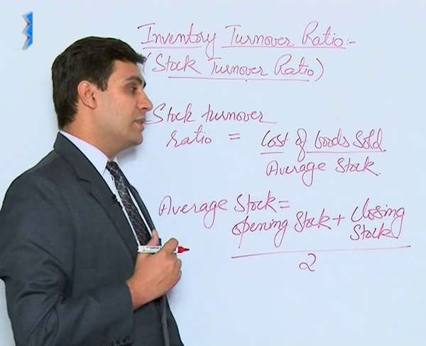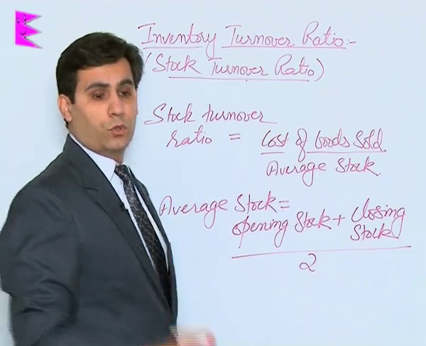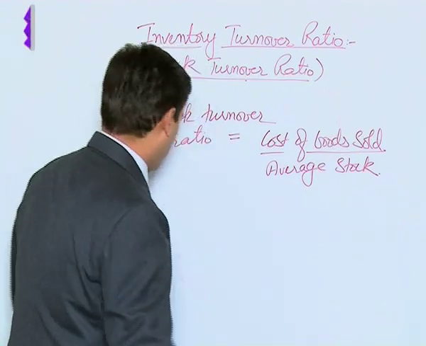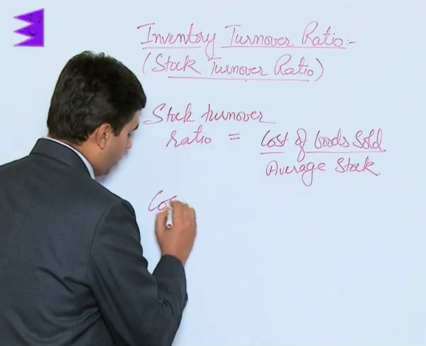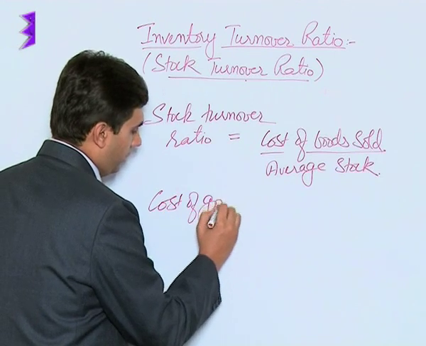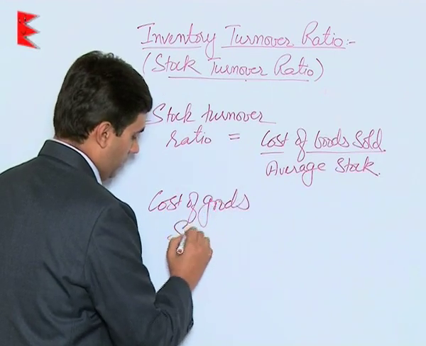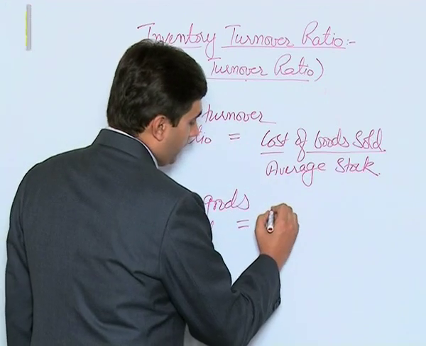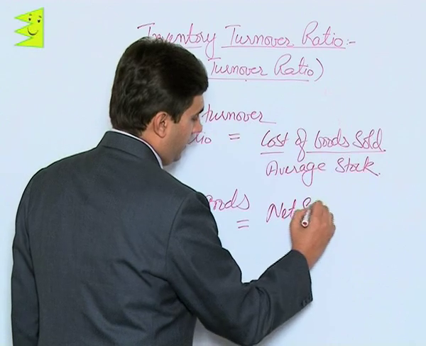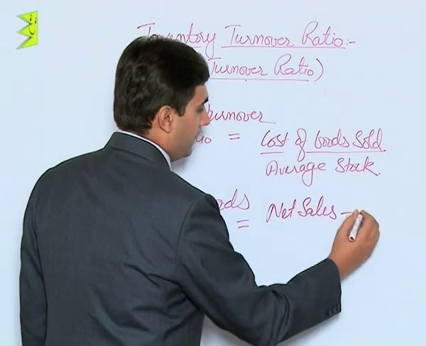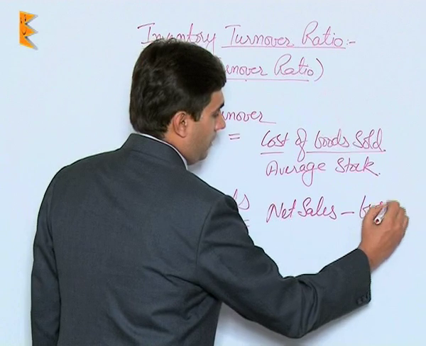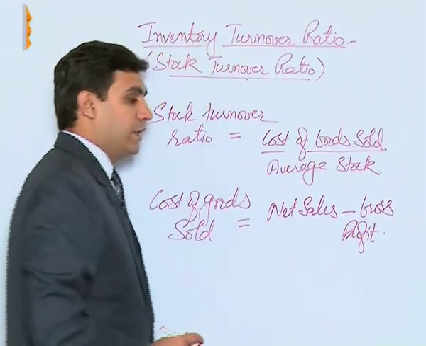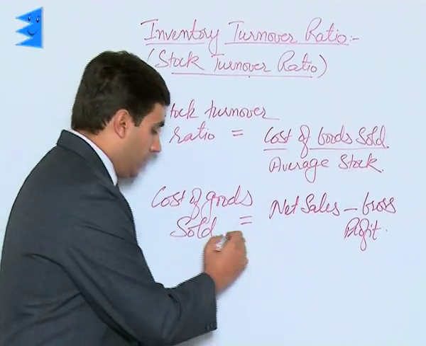Now coming to the numerator part. The numerator part is cost of goods sold. How do we calculate cost of goods sold? Cost of goods sold is equal to net sales minus gross profit. This is one formula.